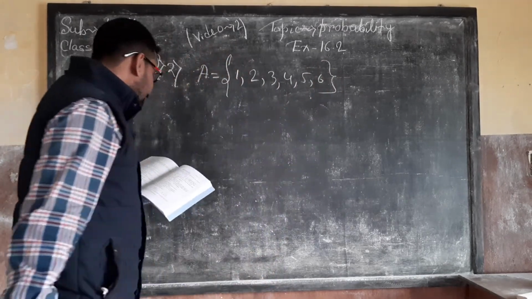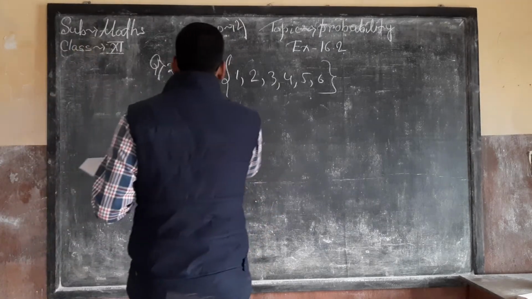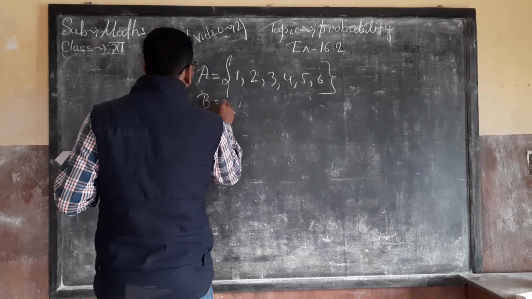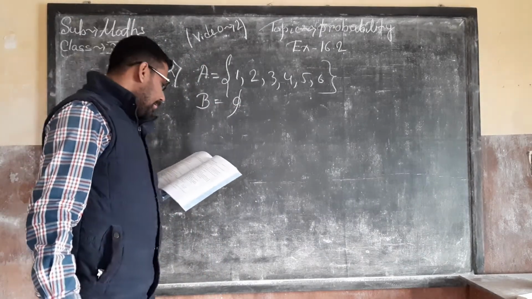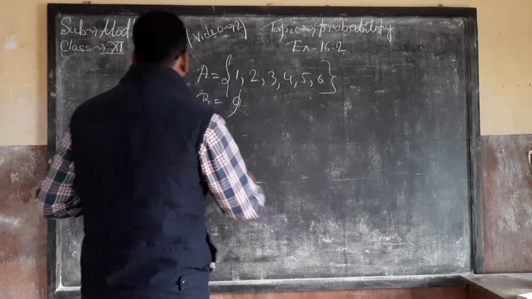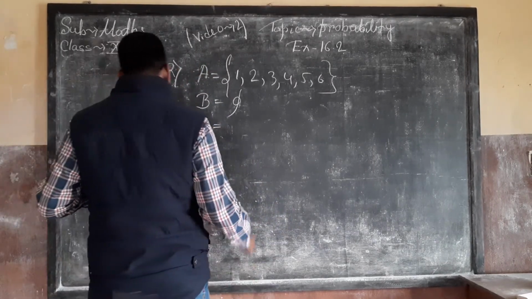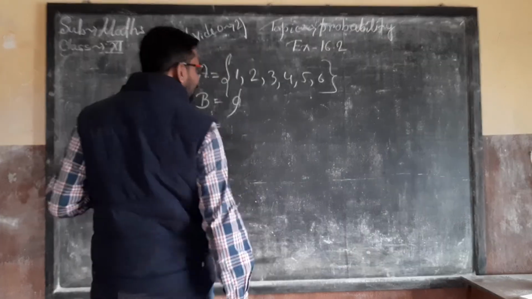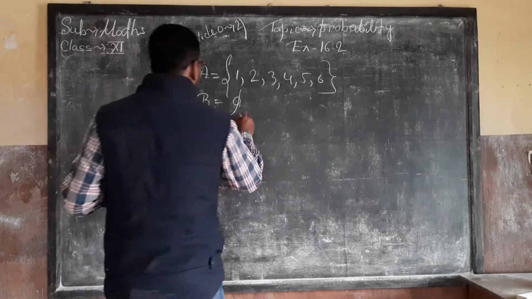After that, the next event B, a number greater than 7, that is an impossible event, that means it produces the null set. C is an event that contains a multiple of 3. Multiple of 3 means 3 and 6.